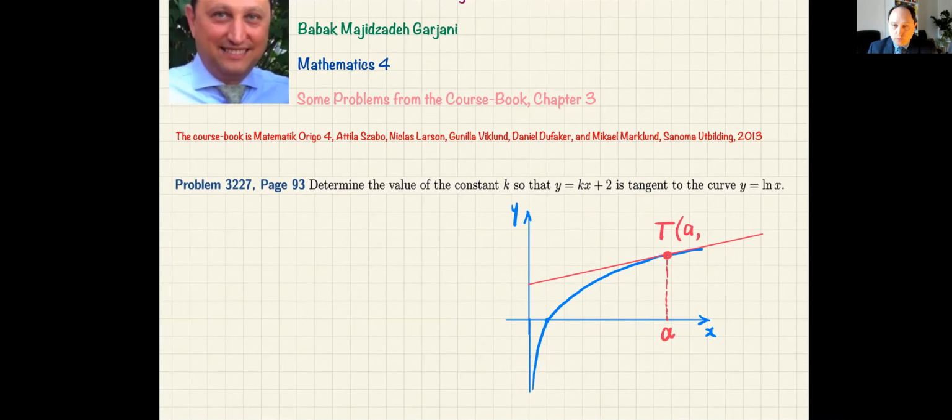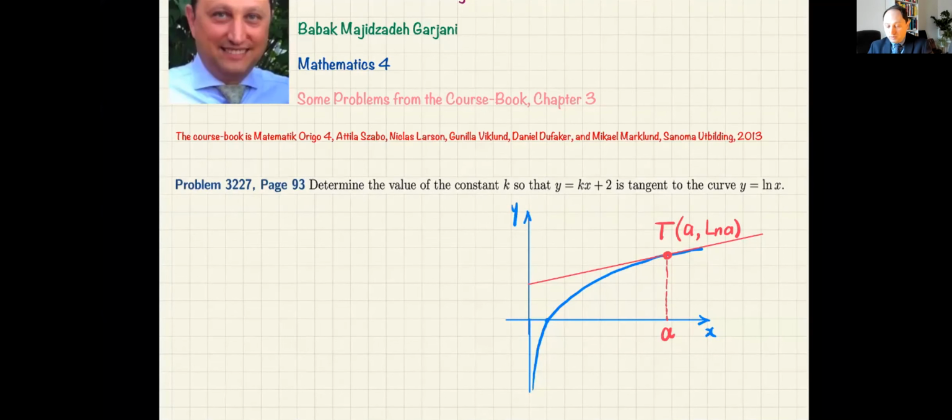Of course, for the y-coordinate, I could choose another letter, but then I will face two variables. What? The ln of a. Yeah, that is better because it is better to bring in as few variables as possible. If I choose a for the x-coordinate, it is better to stick with it as much as possible. So the y-coordinate would be ln of a.